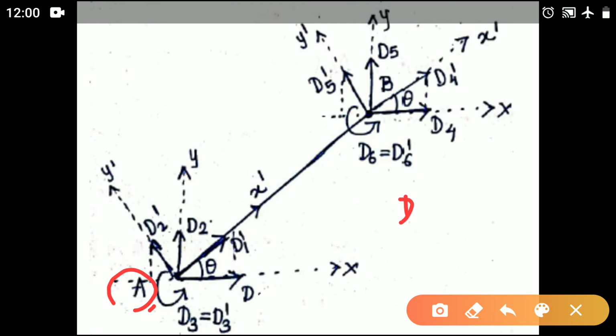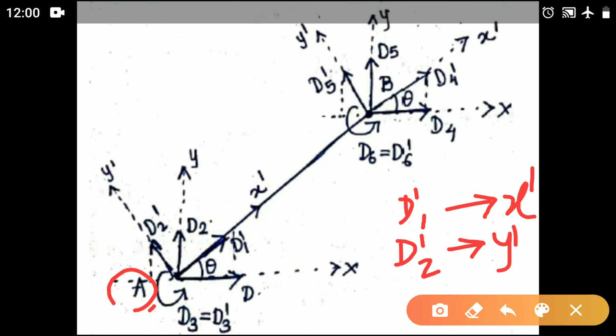So d1 dash is the displacement in the x dash direction in local. d2 dash is the displacement in the y direction at node A, along the local y dash axis. And d3 dash is a rotation, which is a free vector, so it can be shown directly, about the z axis.